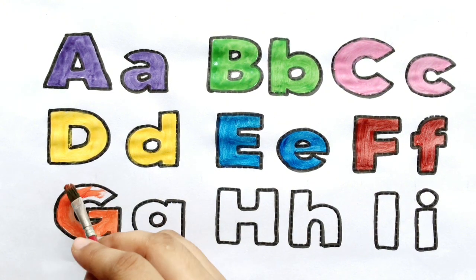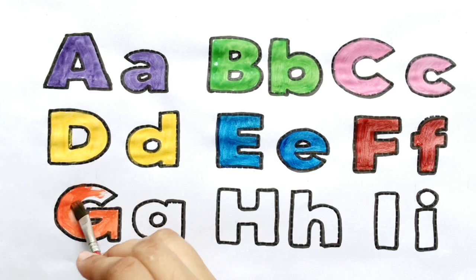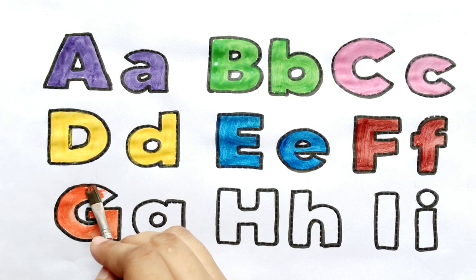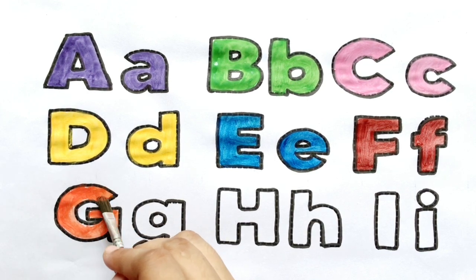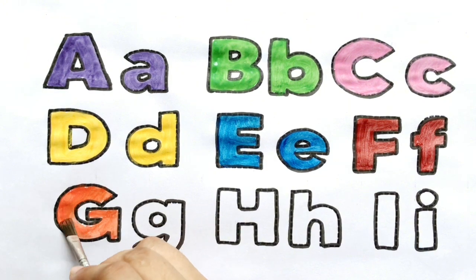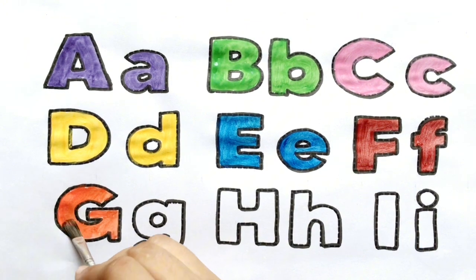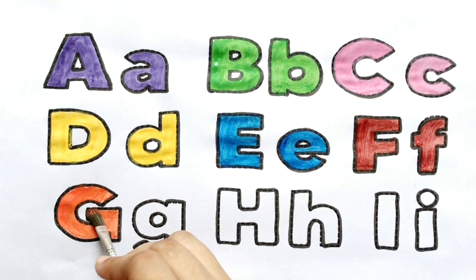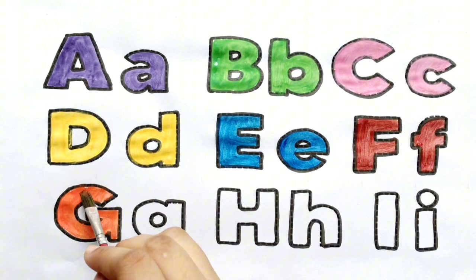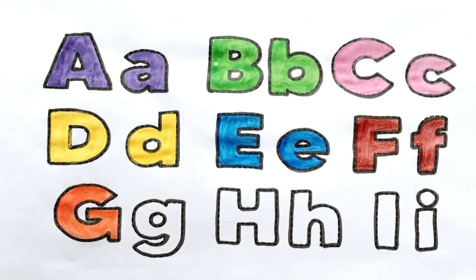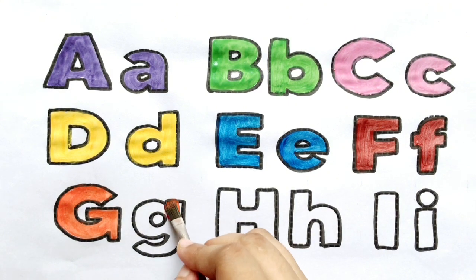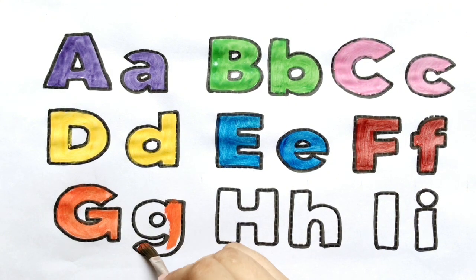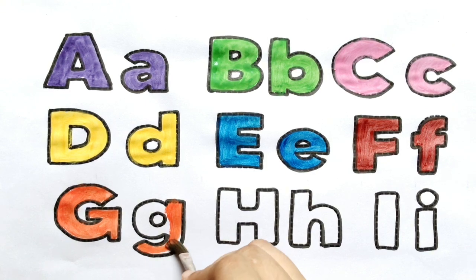A B C D E F G H I J K L M N O P Q R S T U V W X Y and Z. Now I know my. Lowercase letter G. G for goat. Won't you sing with me?